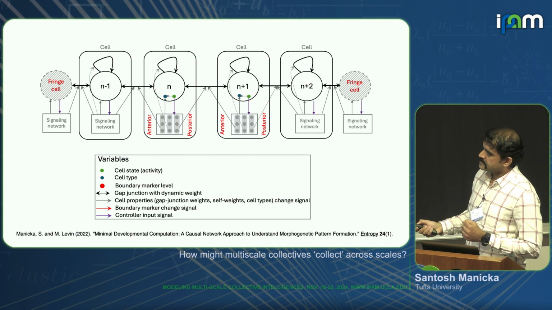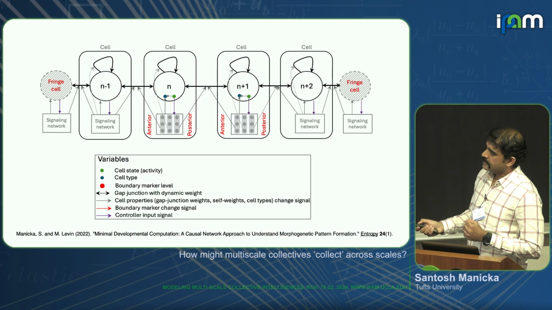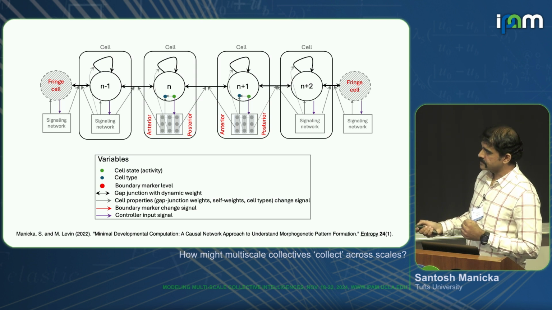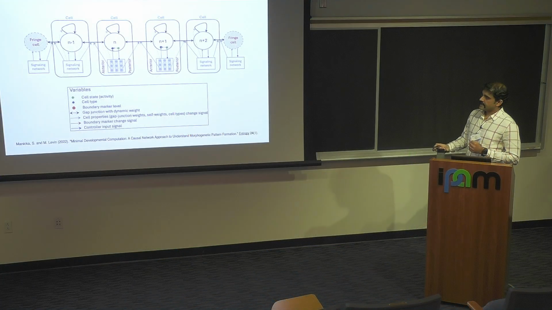So each cell has two states, a physiological state, and it also has a cell type state. Both of these are scalars. And each cell has a genetic network. And we also incorporated planar cell polarity assumptions. So there is a sense of direction to this gene network. And this part of the gene network influences this gap junction. Again, the cells communicate through gap junctions.